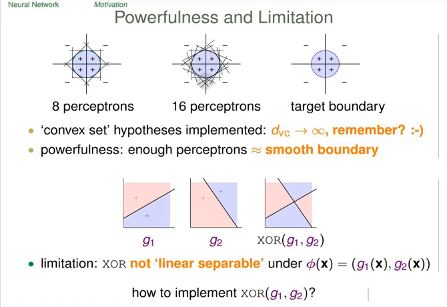The formal proof of this situation is somewhat similar to the theorem in calculus, which says that any continuous function on a compact set can be approximated arbitrarily closely using step functions. In this case, the step function is a perceptron.